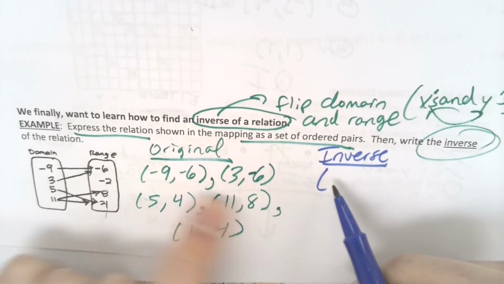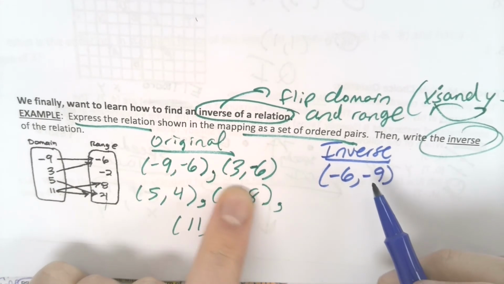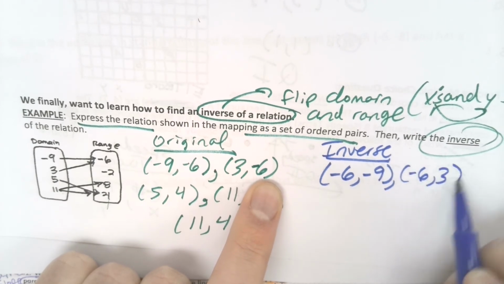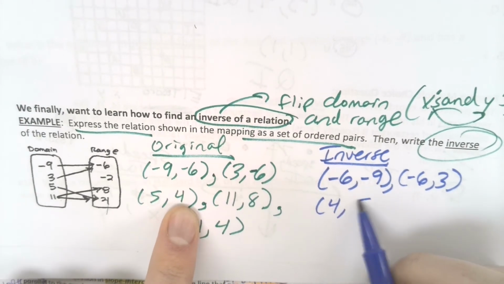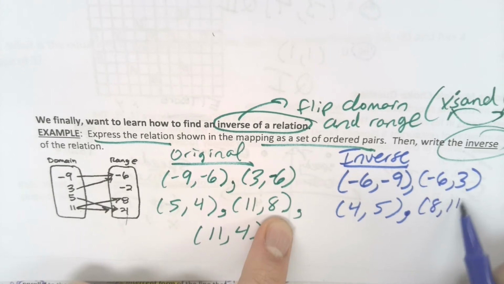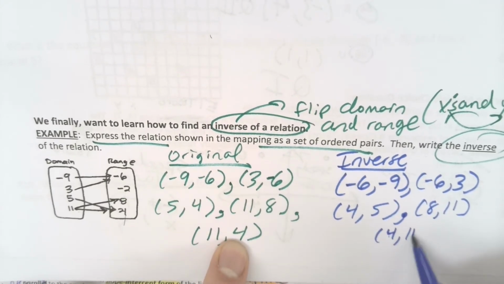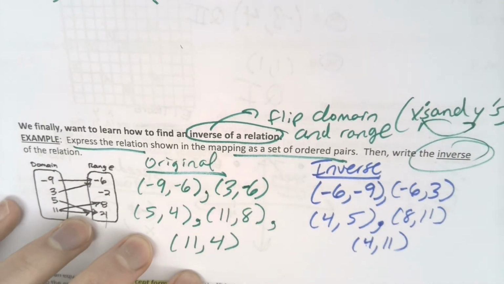So, going to be just like this. -9, -6 becomes -6, -9. 3, -6 becomes -6, 3. 5, 4 becomes 4, 5. 11, 8 becomes 8, 11. And 11, 4 becomes 4, 11. So that would be the inverse.